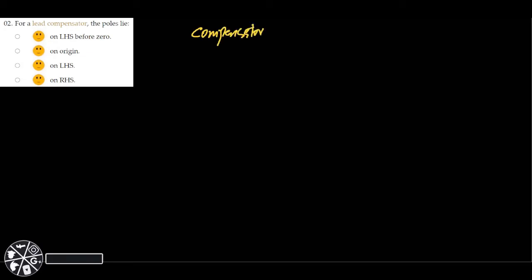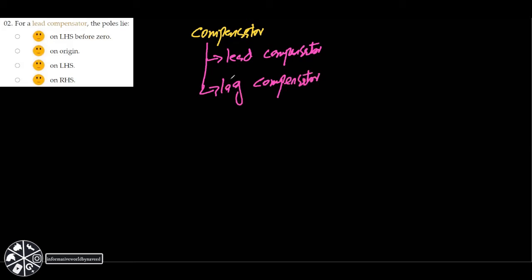The first one is the lead compensator, and the second one is the lag compensator. For lead compensator, your zero should be less than pole, while for lag compensator, your zero should be greater than pole.